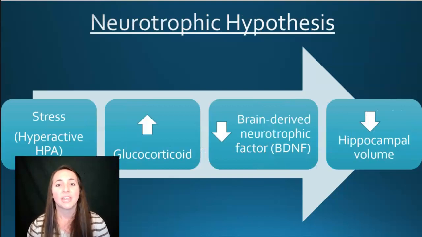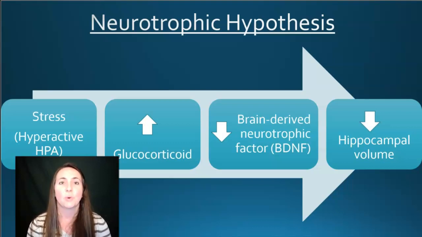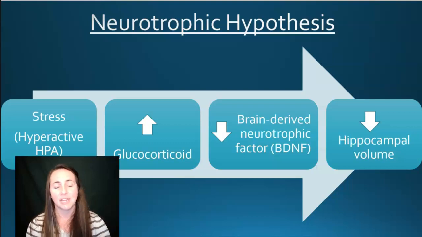Now, one thing to keep in mind is going to be the brain-derived neurotrophic factor, and this is what I wanted to highlight on this slide. For short, that's BDNF, and putting this back into the system of the hyperactive HPA system, as well as increased glucocorticoids, what happens is we also see a decrease in BDNF. The reason for that is the hippocampus is a primary site where BDNF is produced.